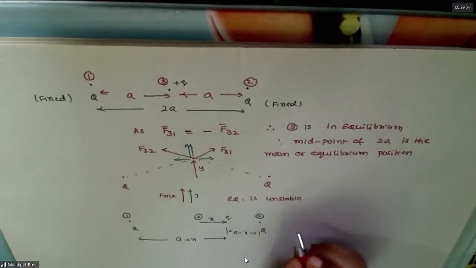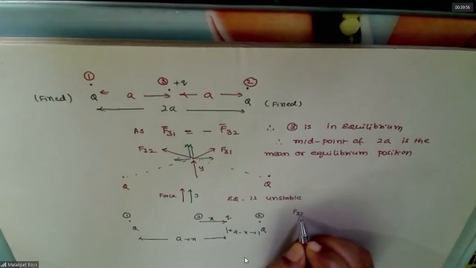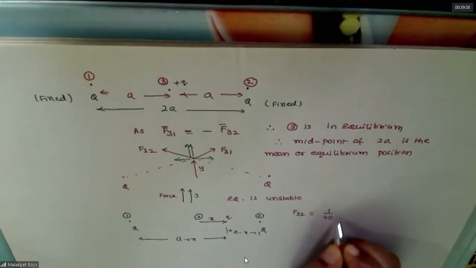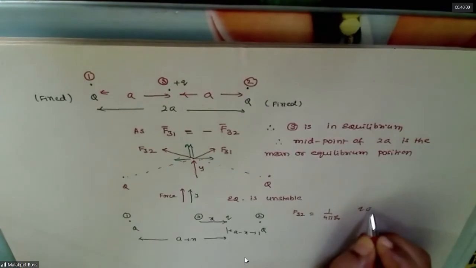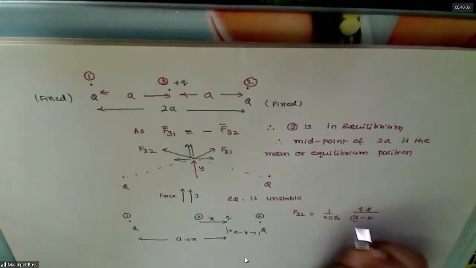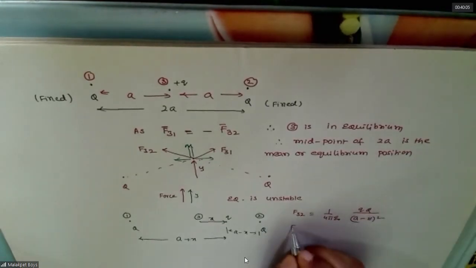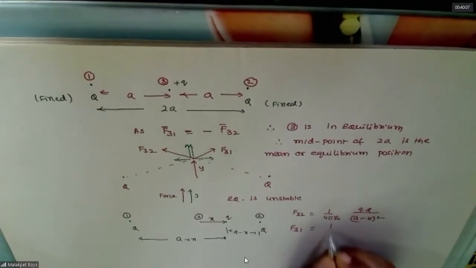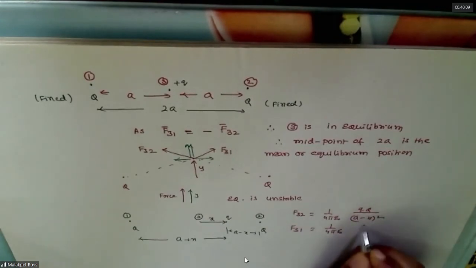Agreed. Now what is the force on 3 due to 2? It is 1 by 4 pi epsilon naught, q squared over the distance squared. Force on 3 due to 1. Which is greater, can you tell?